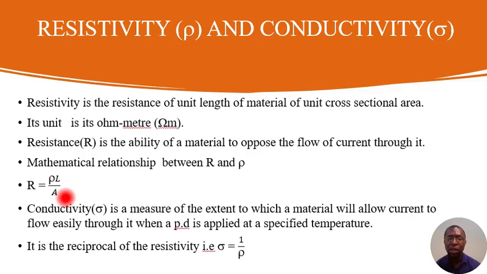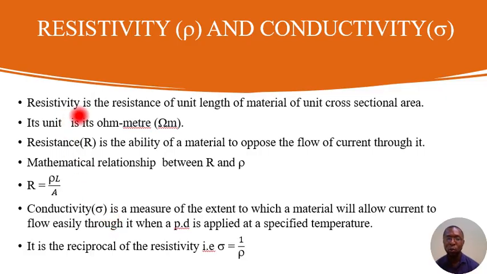Now, on the other hand, we also have another term that we talk about in electrical measurement, and that's conductivity. Conductivity is just a measure of the extent to which a material will allow current to flow easily. Remember, resistance is the ability of a material to oppose the flow of current. But if the material allows some current to flow despite the opposition, the extent to which that material will allow current to flow is what we call conductivity, and it's always the inverse of resistivity.